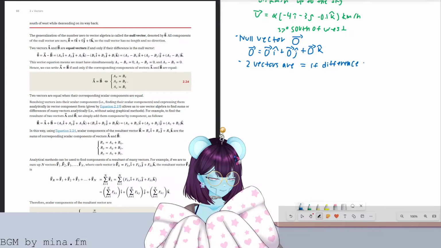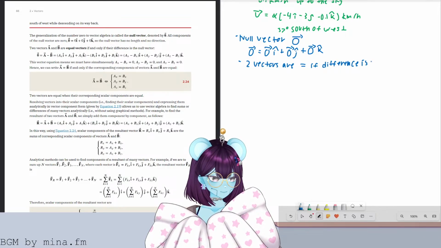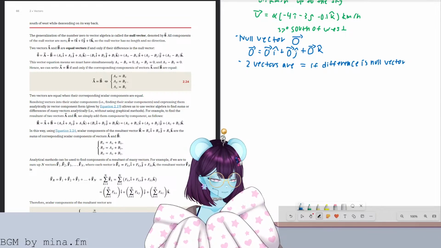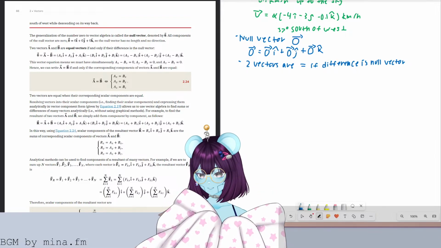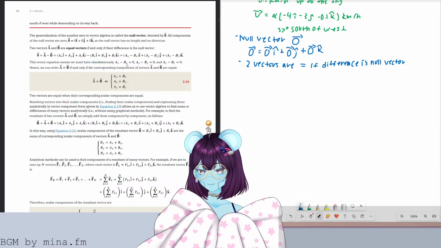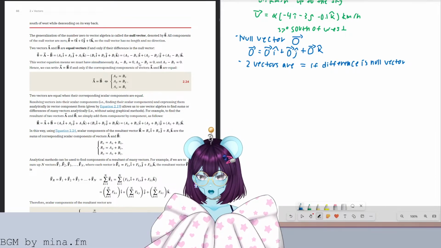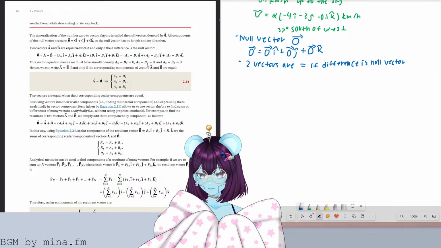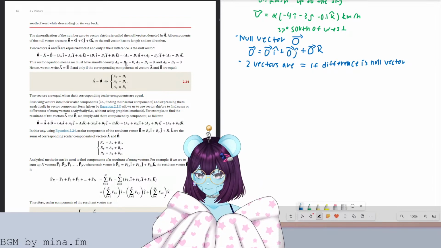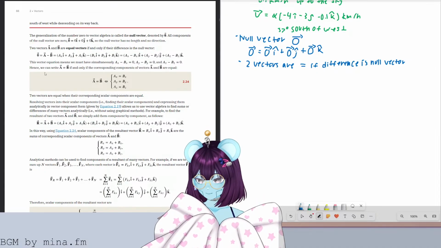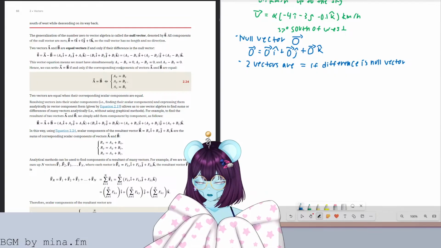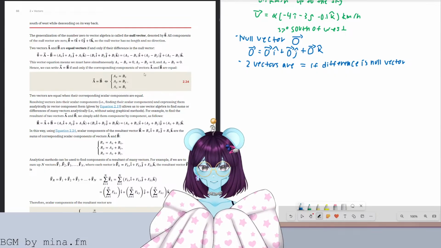This vector equation means we have simultaneously ax minus bx equal to 0, and the same for all the other components, for the x, y, and z components. Hence, we write a is equal to b if and only if the corresponding components of vectors a and b are equal.